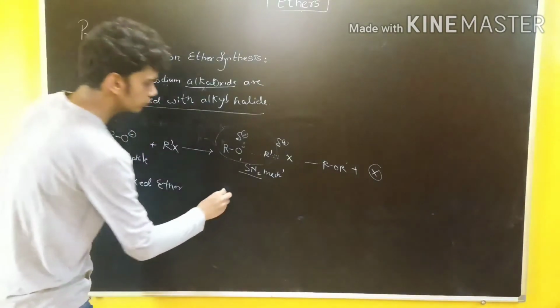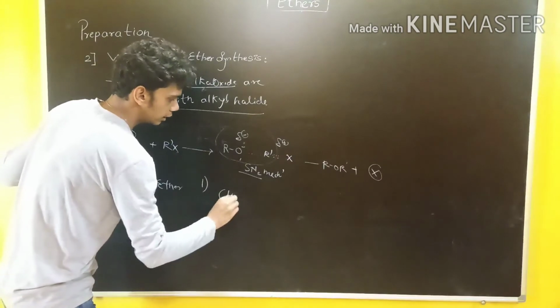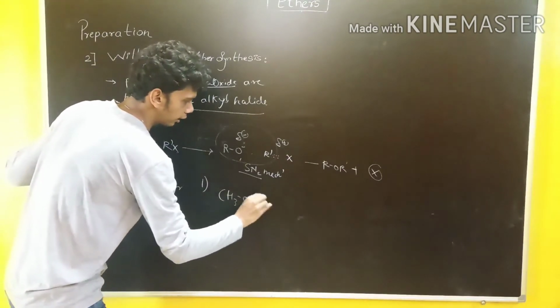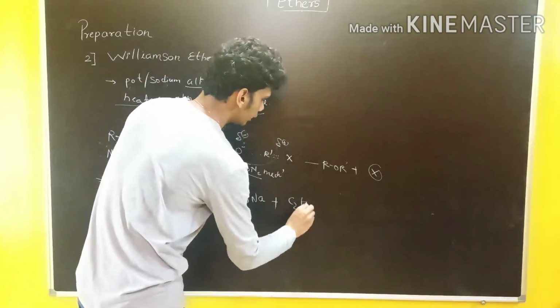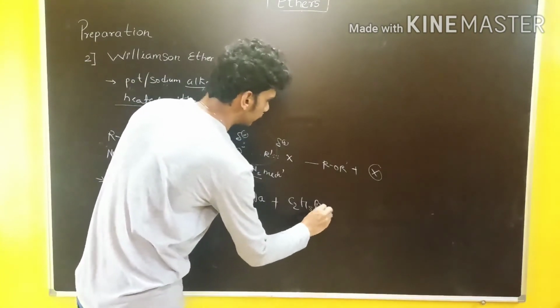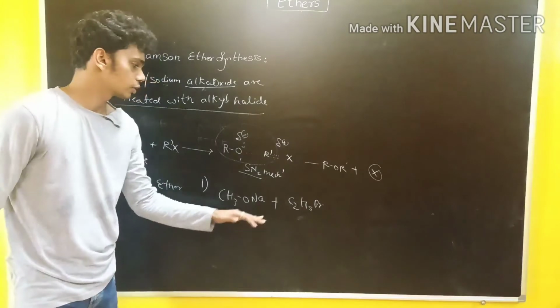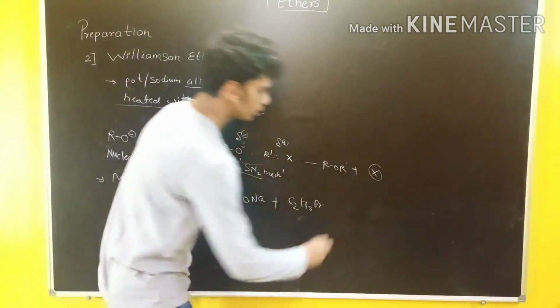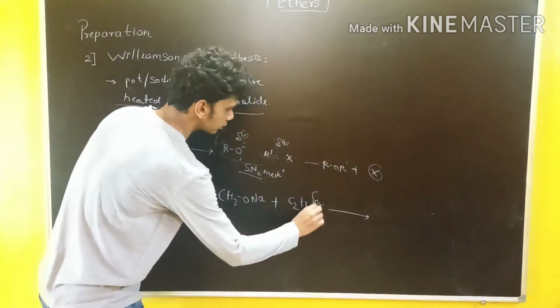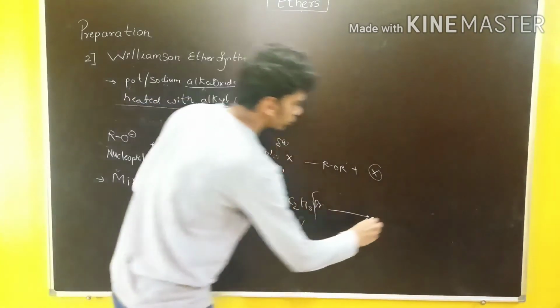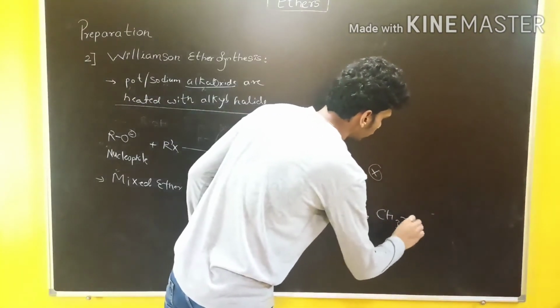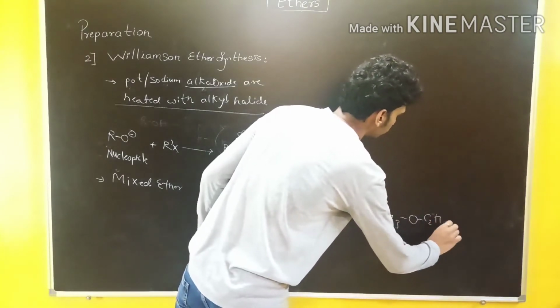Let's take an example first. CH3ONa reacting with C2H5Br, ethyl bromide reacting with sodium methoxide. So what will be formed here? This is the removed part. This is going to shift here. It will be CH3OC2H5.